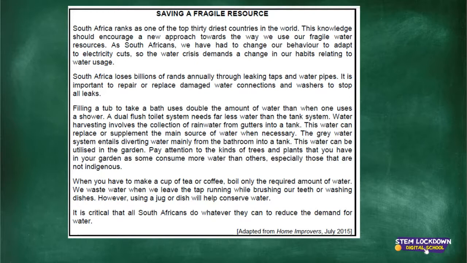So you can say, when boiling water for beverage, just boil the required amount and you will be done. Then you go on to the next one. So this is exactly how you summarize. Go question by question, and then you ask yourself the question.